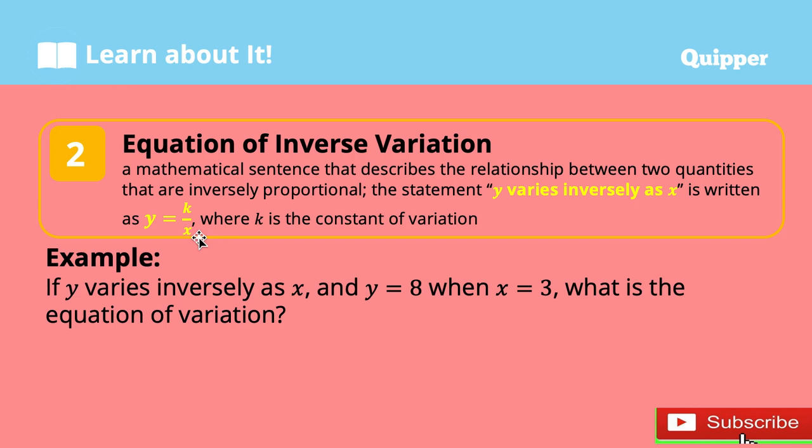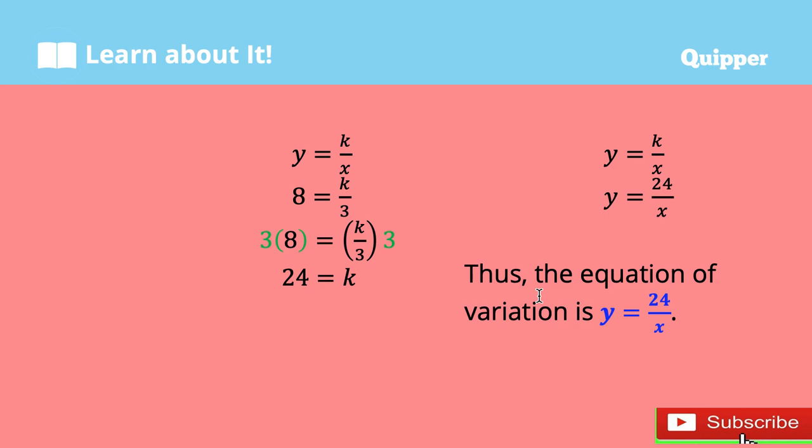For example, if y varies inversely as x and y is 8 when x is 3, what is the equation of the variation? To solve this, we need to transform the variation statement into a mathematical sentence, then substitute the values of x and y to solve for k.